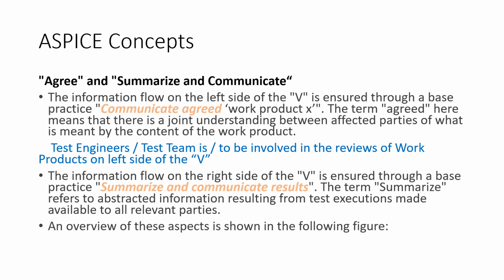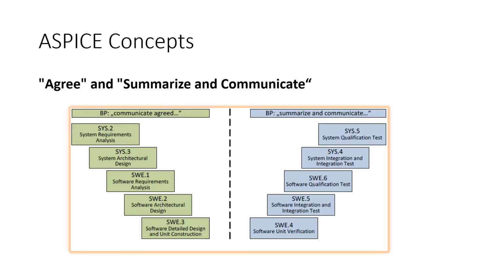If there is a contract in between, then that is called the agreement. Summarize and communicate is about the results. Summarize refers to abstracted information resulting from test execution made available to all relevant parties. An overview of these aspects is shown in the diagram.